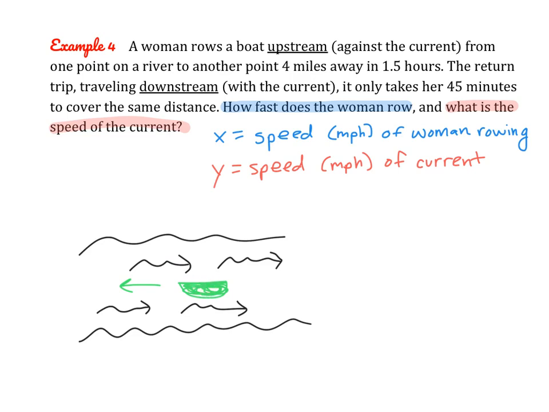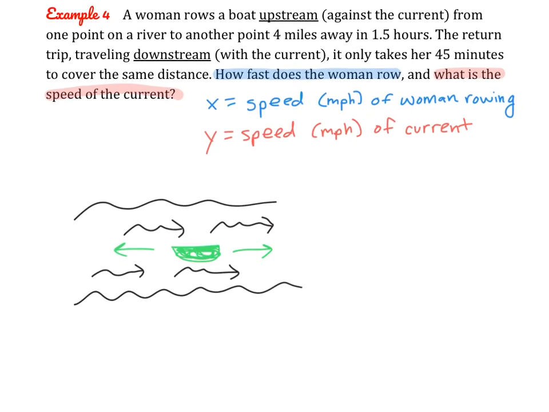So the speed of the rowing and the speed of the current are two different things that will impact the overall speed. And then if you're rowing downstream, you're rowing with the current. So the current actually makes you go a little bit faster. So your speed going downstream is actually the speed of your rowing alone plus the speed of your current.